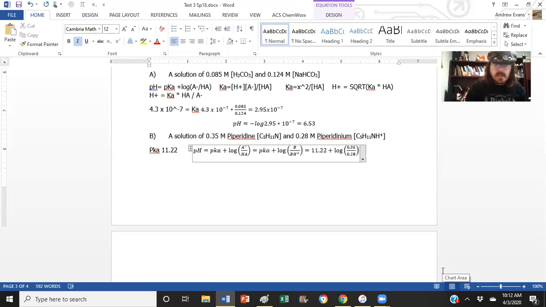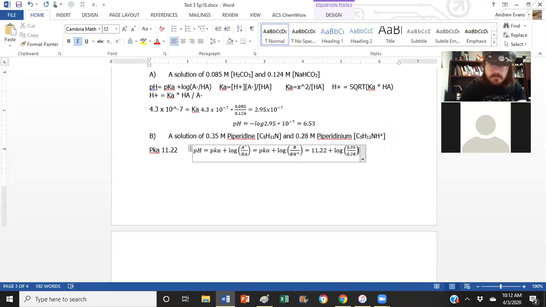If we solved it from a Kb perspective, you would have had to turn that from pOH to pH. But from this perspective, it gives us pH directly. So I'm saying 11.22 plus log of 0.35 over 0.28. You do that, you're going to get 11.31.